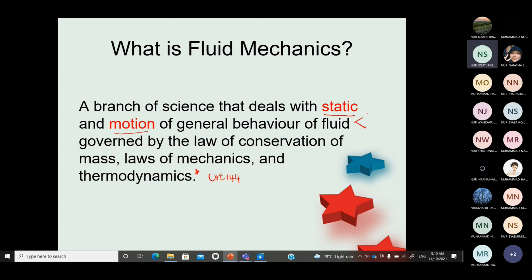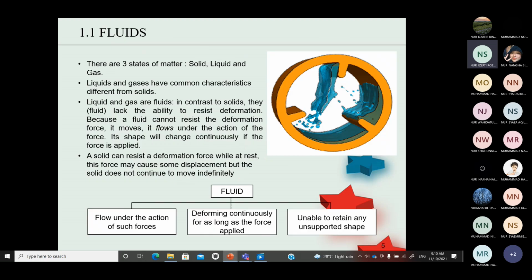We want to study the behavior of liquid and gas during their static and during their motion. So it means that we want to study when the liquid, for example, is static, what happens? When it's in motion, it's moving, what happens? What is the theory behind that? Okay, so that is fluid mechanics.